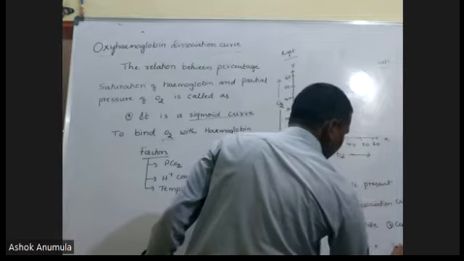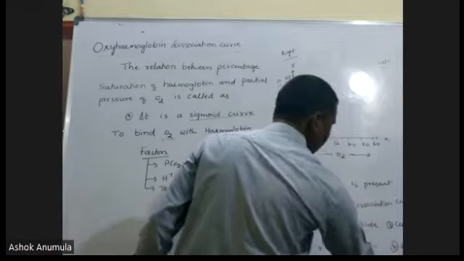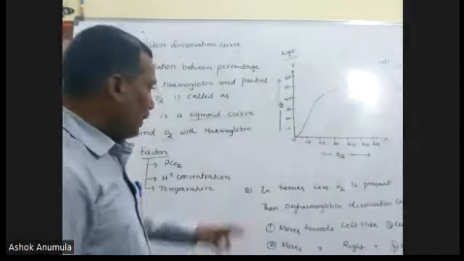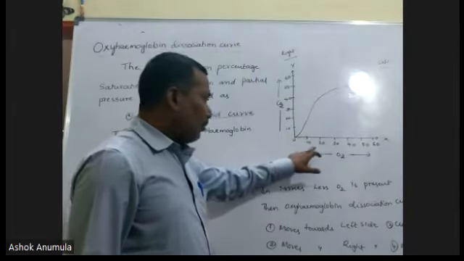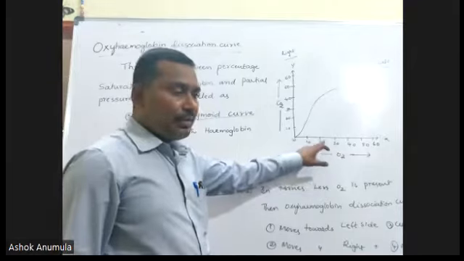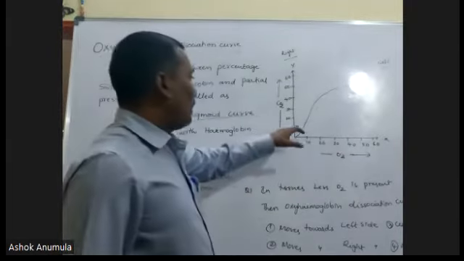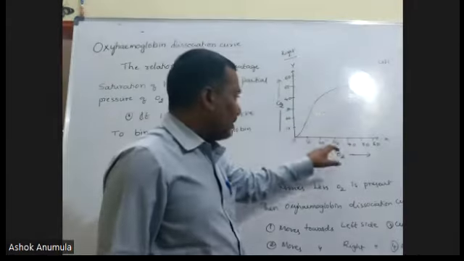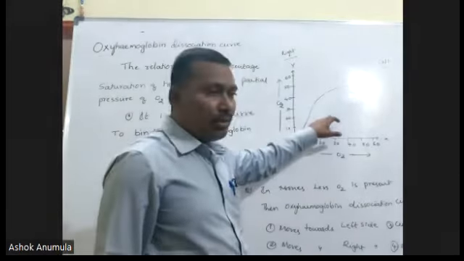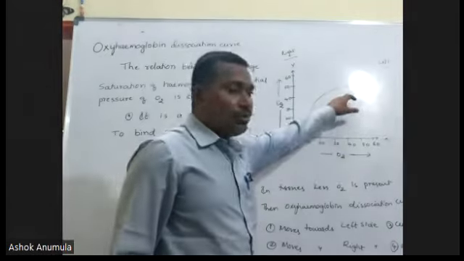Fourth option, none. Here you can take, as we just discussed, if more oxygen is present, the oxyhemoglobin curve moves toward the left. Why? Because the hemoglobin is taking more oxygen, so it must move towards the left side.